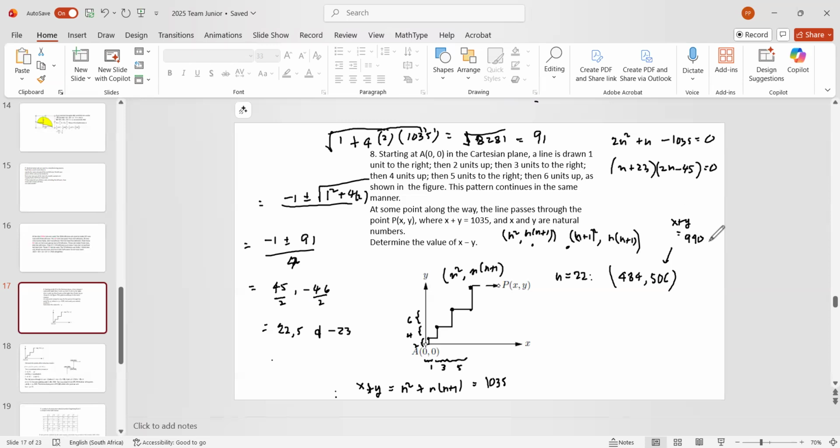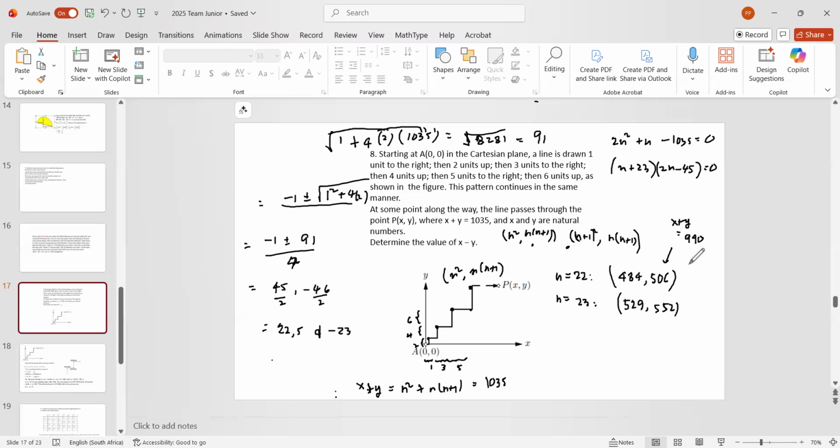That's not 1035. Okay, let's try 23 because the 22 and a half, we can try the nearest integers to this. 23 squared is 529. And then you got n into n plus 1, which is 23 times 24. And try this thing out.